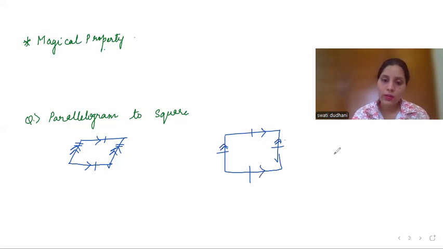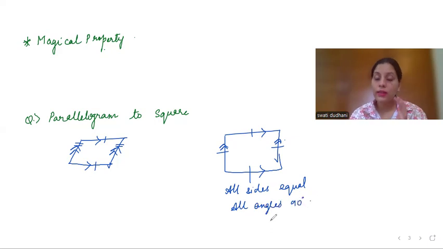Right? Now here, what all properties do we have in a square? All sides equal, plus all angles 90, isn't it? All angles are 90, right? So these are the properties of a square.